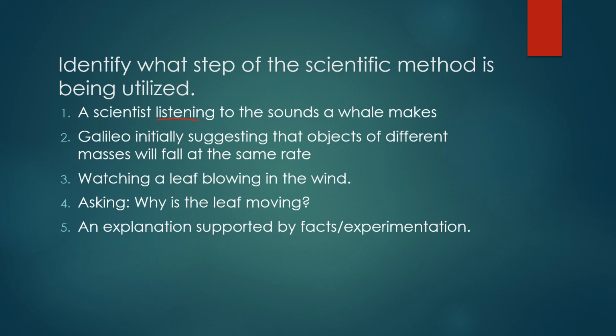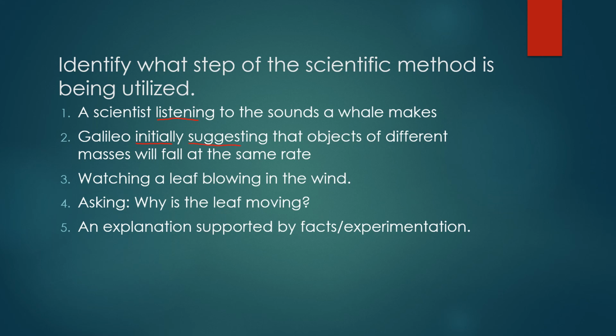Now let's look at the second one. We have Galileo, and we'll learn about him in this course. Initially suggesting that objects of different masses will fall at the same rate. Once again, look at all those steps, try to figure out which step of the scientific method is being shown here. What's going to help me is the initially suggesting.